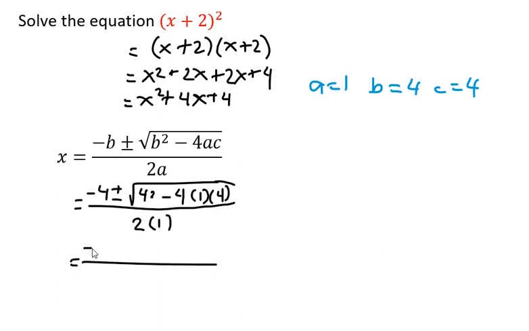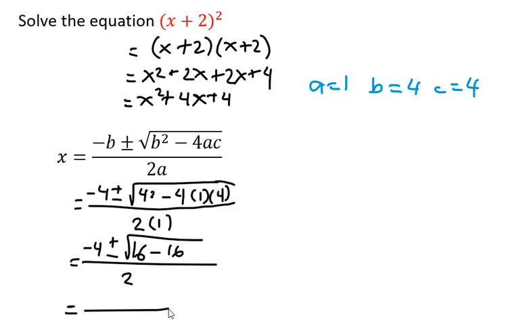Okay, so negative 4 plus minus square root of 4 times 4 is 16. So 4 square is 16 minus 4 times 1, 4. And 4 times 4 is 16 din. Over 2 times 1 is 2.